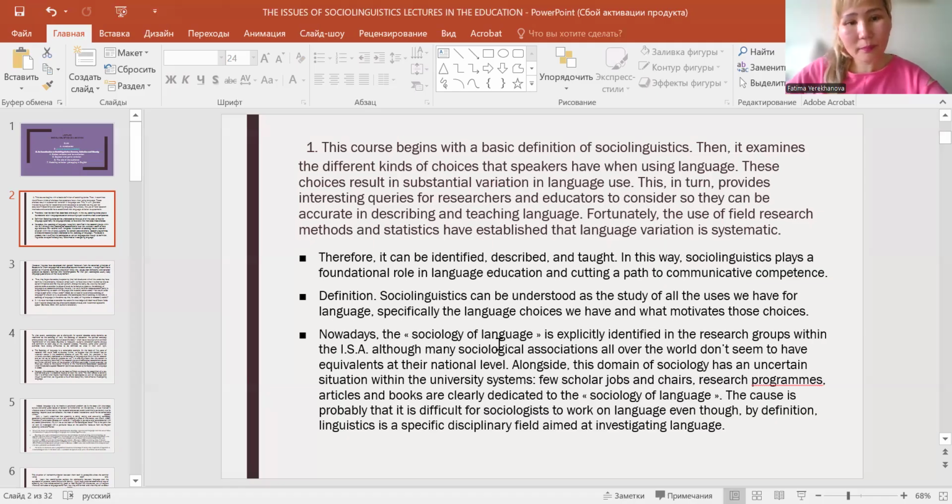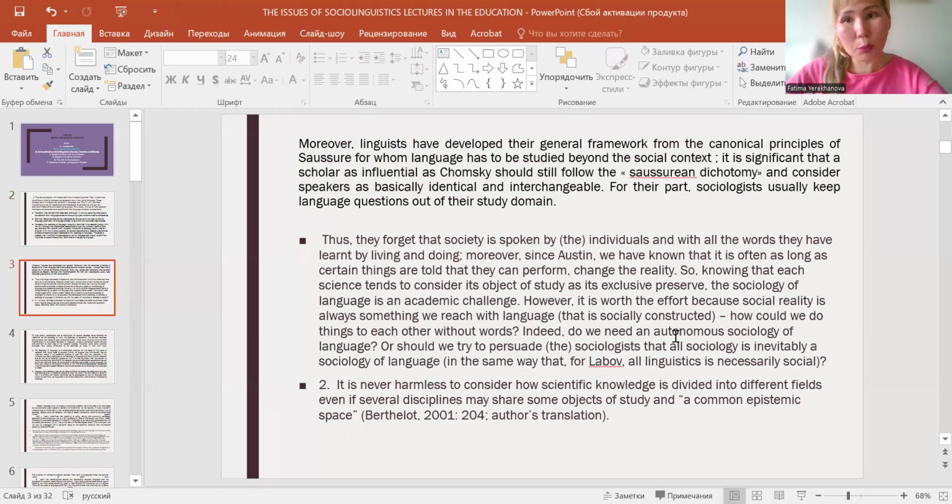Then here we will also dwell on different definitions from different scholars in the process of our lesson today. We can say that Chomsky also explored this topic, this subject matter, and we also have the theory of Labov. All of them are related to our subject matter.